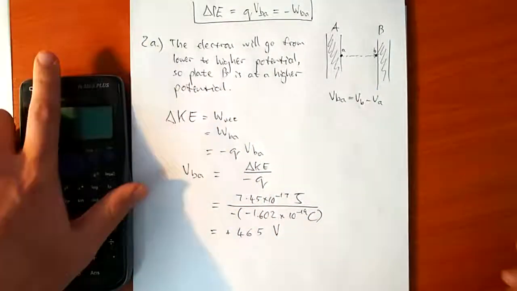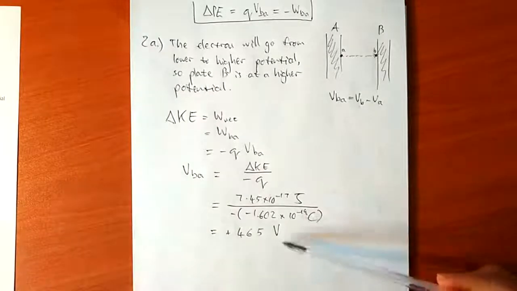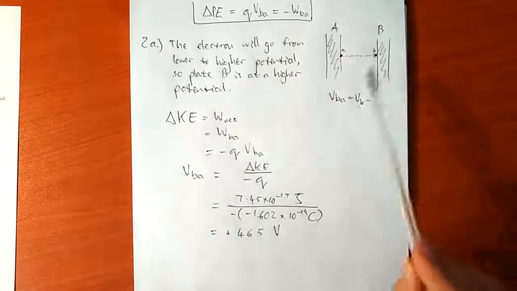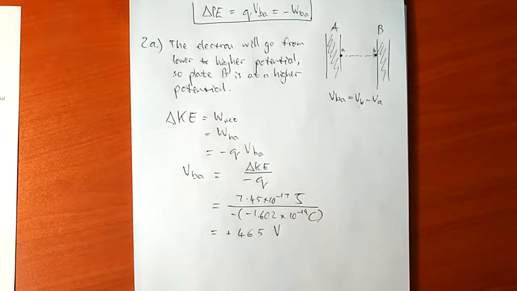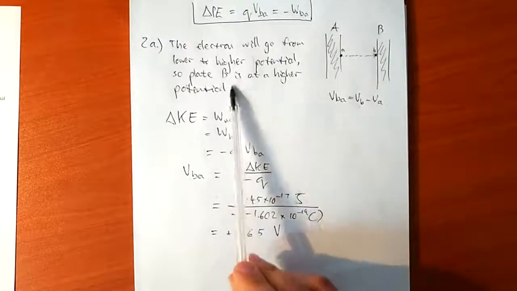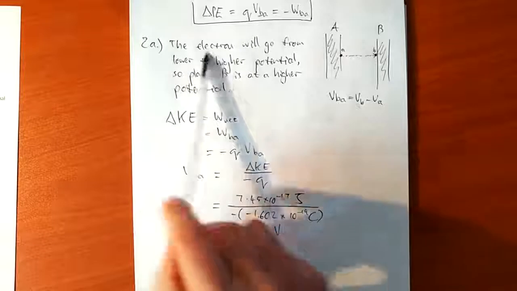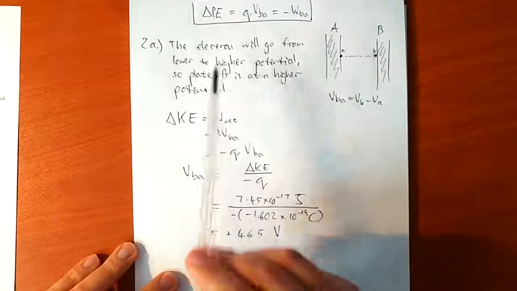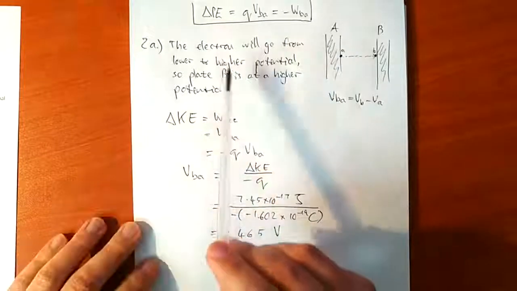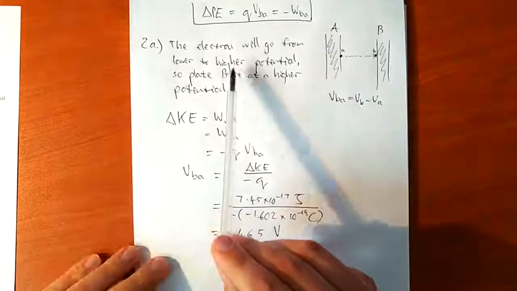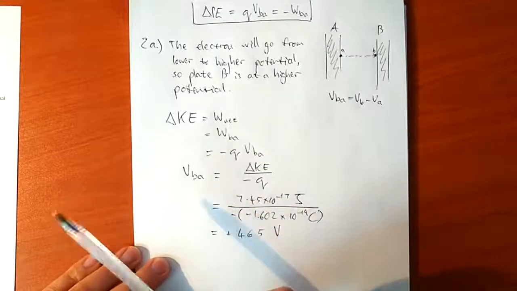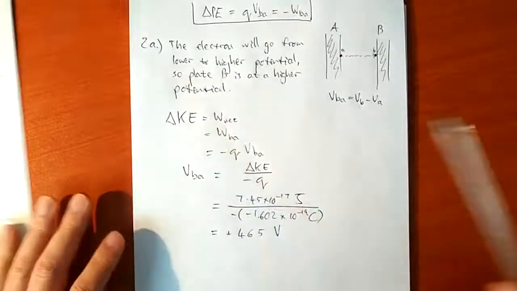From this you can also see that plate B is at the higher potential, so you can see it mathematically as well. You can reason that it must be, because it's an electron being accelerated from one plate to the other. As discussed in the previous video, that means it will go from lower to higher potential as it loses its electric potential energy.